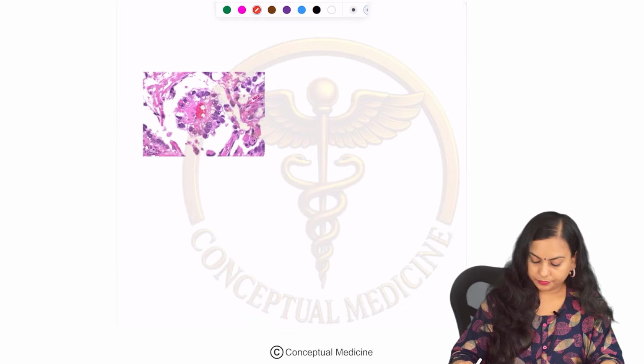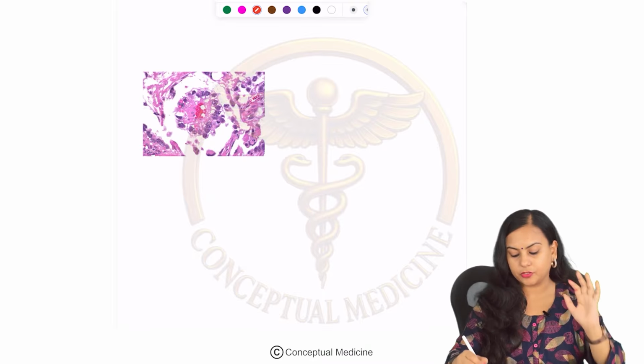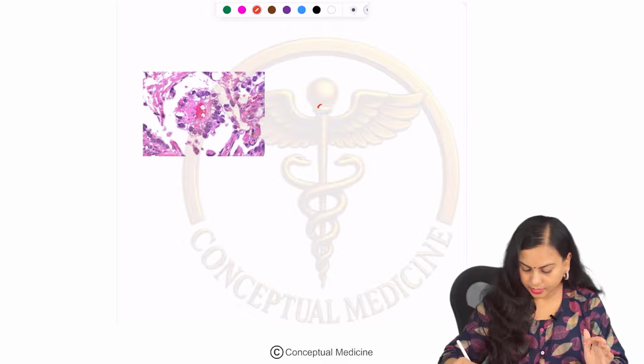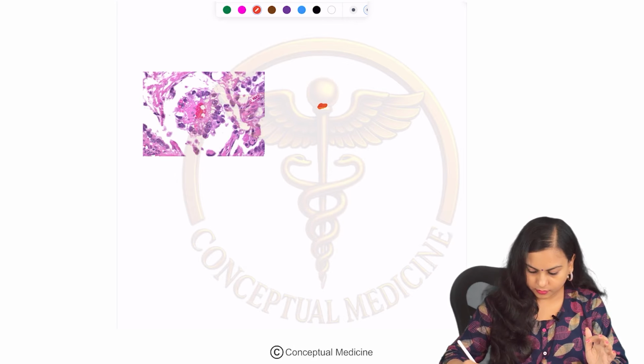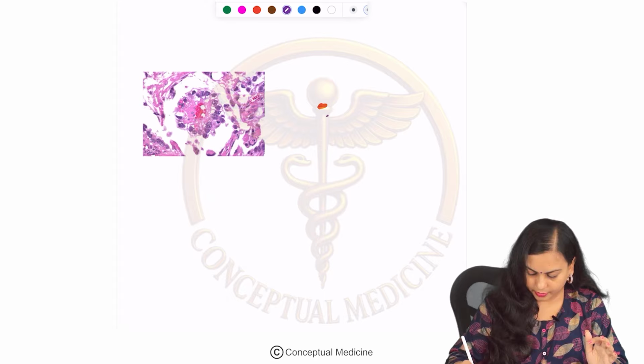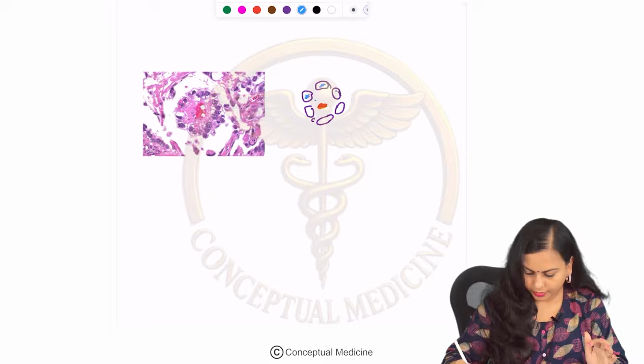Now coming to this, if you see this histopath picture, you are able to see a central blood vessel, right? A central blood vessel that is surrounded by cells. These cells are somewhat cuboidal in shape with hyperchromatic nuclei.